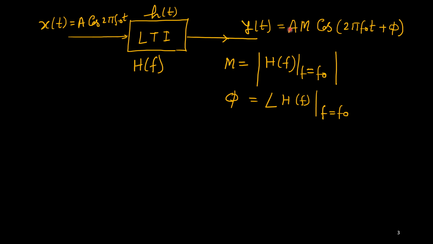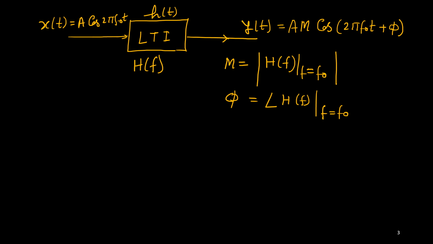So here with A, M is multiplied, and M is the magnitude of the spectrum at f equal to f naught. And one phase is added, that phi is the angle of H(f) at f equal to f naught. Right? So as it is an LTI system, we can apply several such sinusoidal signals in linear combination. Again, we will get a similar linear combination at the output end.